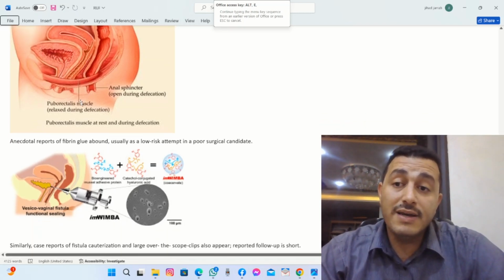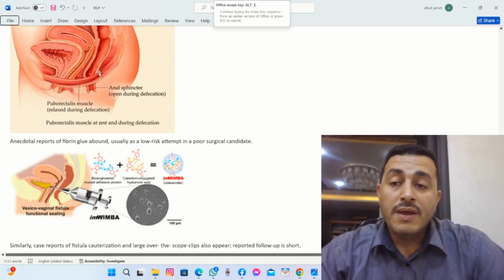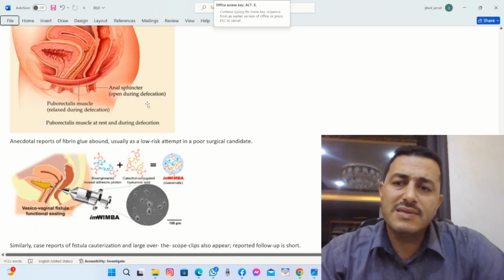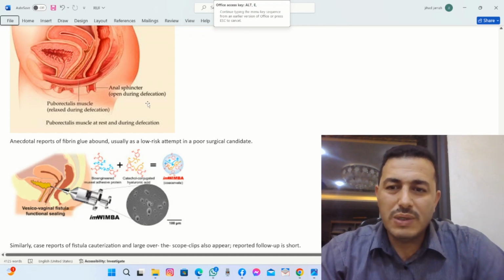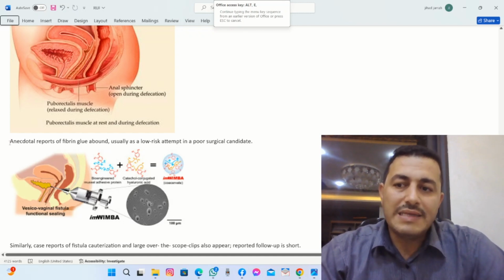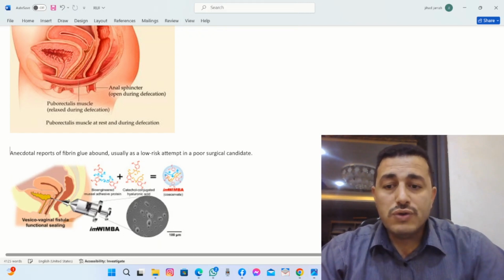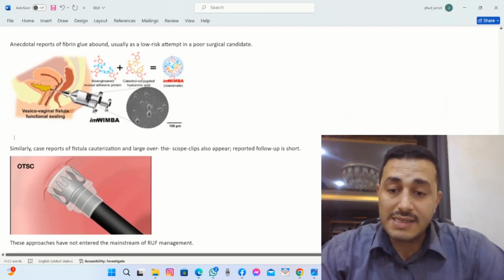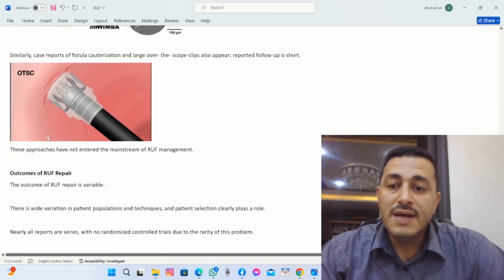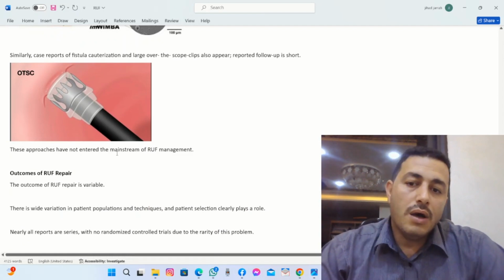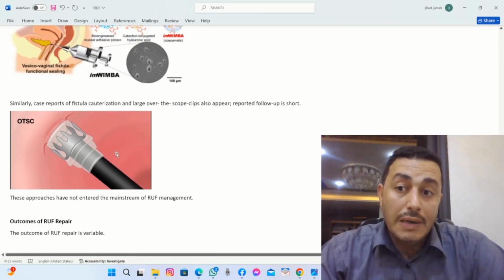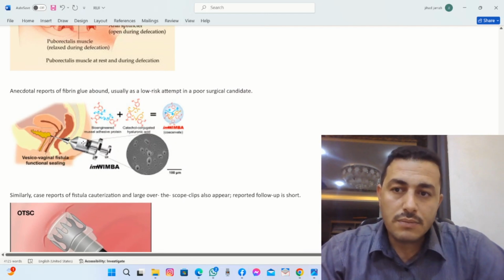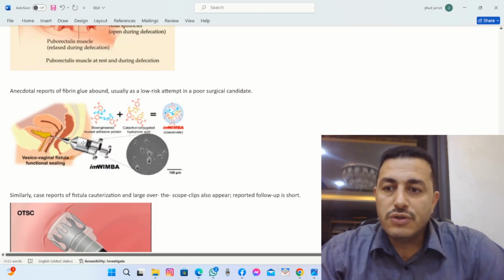To be honest, I tried to review the literature about the failure and success rate, but very little is written about it. Of course, there are other modalities of treatment, but they are not the mainstay of treatment. They are not the mainstream of rectourethral fistula management. For example, fibrin glue injection.